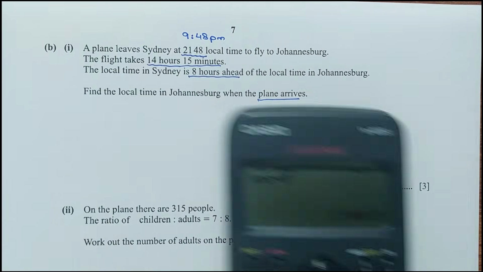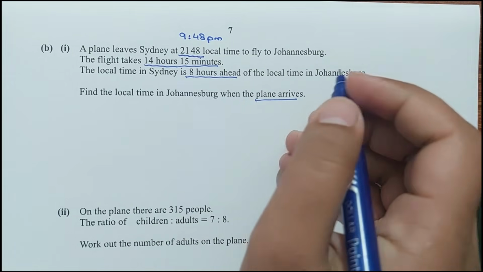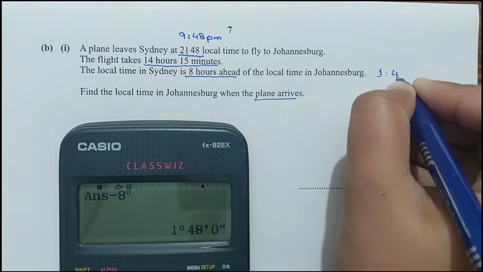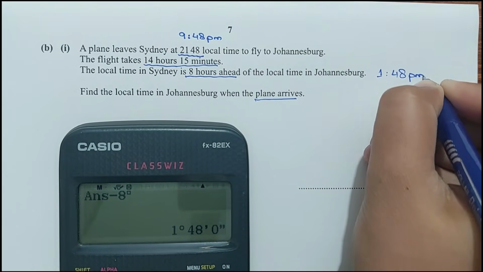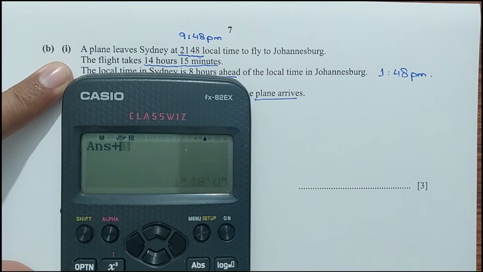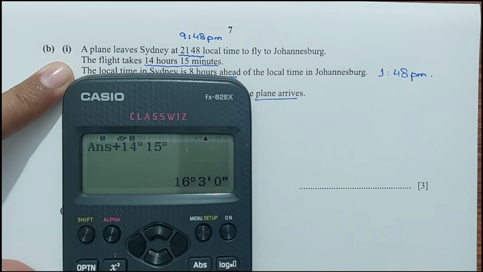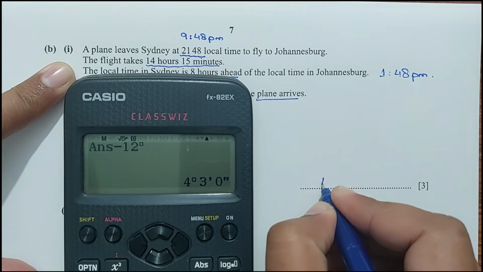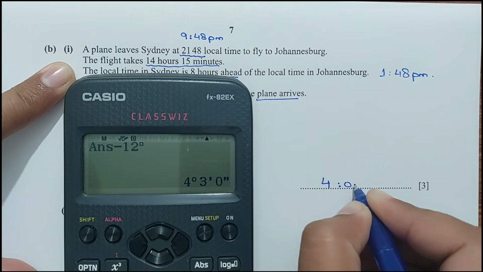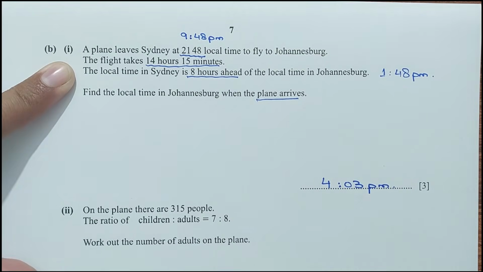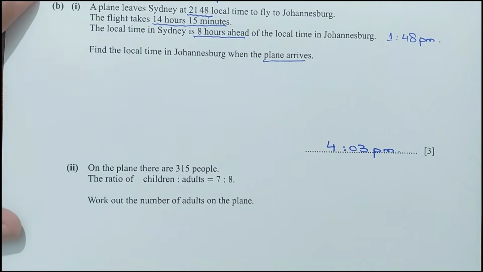So this is 1:48 p.m. The plane leaves at 1:48 p.m. Johannesburg time. Now let me add 14 hours and 15 minutes. This is 16:03, or 4:03 p.m. The plane arrives in Johannesburg.